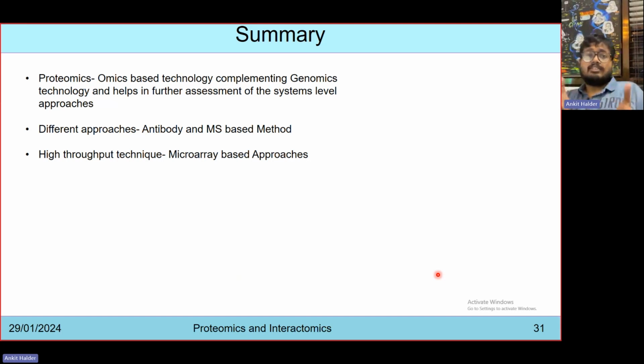To summarize, proteomics has become an indispensable field in omics after the huge success of the Human Genome Project, which failed to answer certain questions. It is proteomics that is helping us answer different questions to understand the mechanistic insights of diseases, as well as in the upcoming era of personalized and precision medicine.